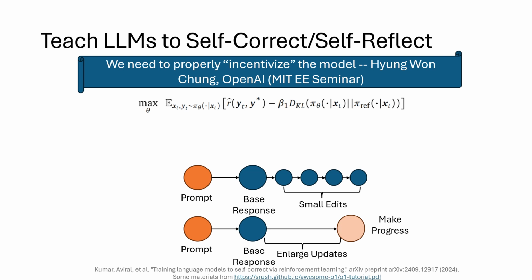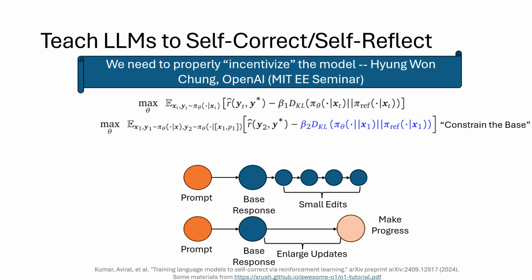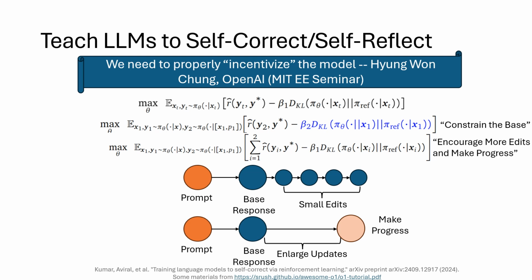And again, at the same time, we want to encourage the second response to make progress towards the final correct answer. So this is our way to do this. We modify this KL divergence from x_t to x_1. This is saying we want to constrain the base response. And then we also reshape the reward at each response and try to make sure we can encourage more edits and make more progress at each step.